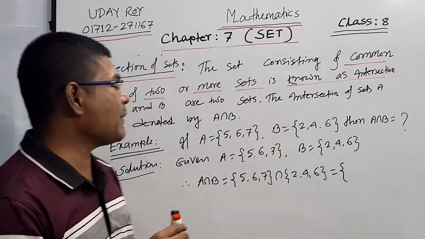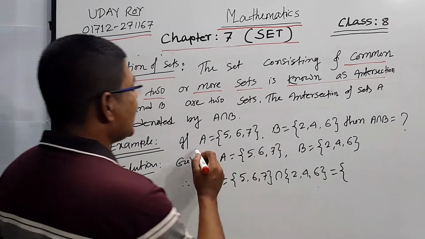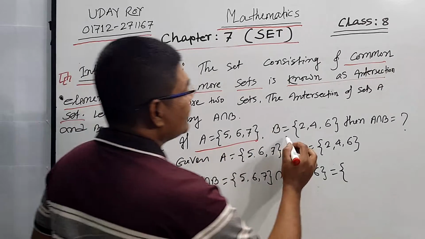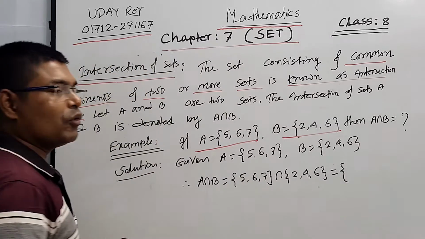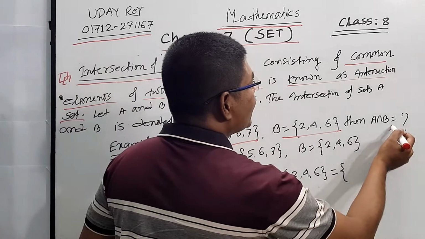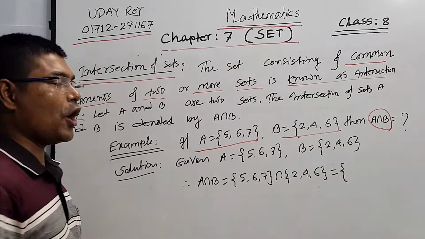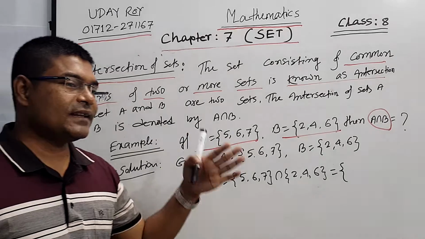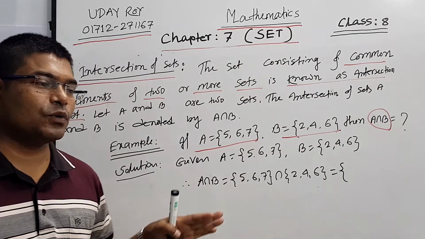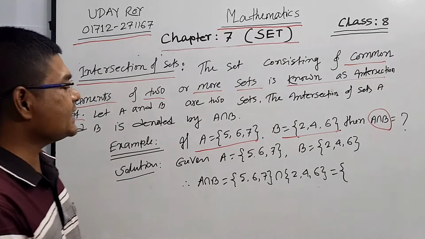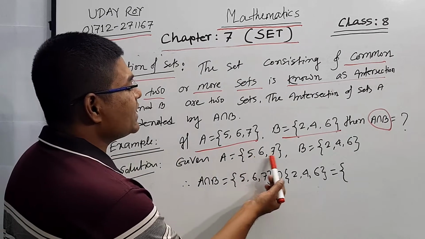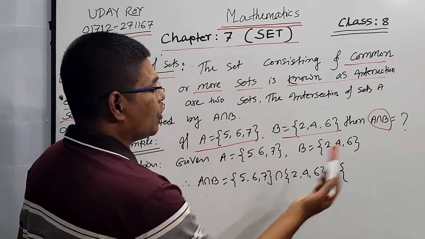So let's come back. You can see here A equals 5, 6, 7 and B equals 2, 4, 6. You have to find A intersection B. In this type of maths, you have to write the given part. Here A equals 5, 6, 7, B equals 2, 4, 6.